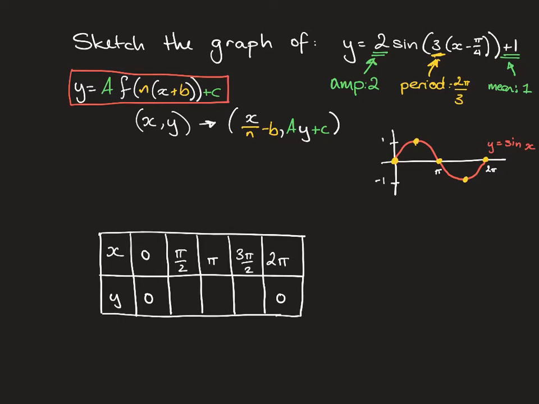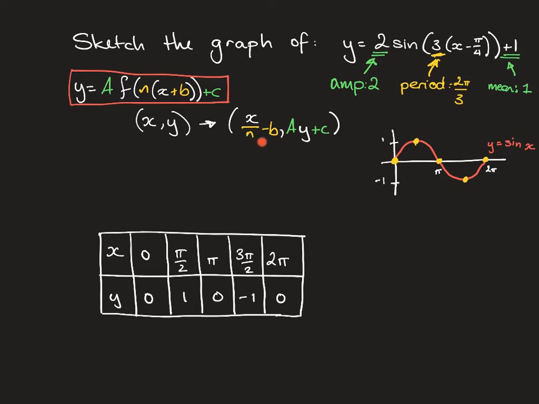And our y values for our sine curve go from 0 to 1. So in our box they go from 0 to 1, then to 0, to -1 and 0. And so this is the table of the 5 main points for sine of x, and we're going to use this over and over again to do our transformations.